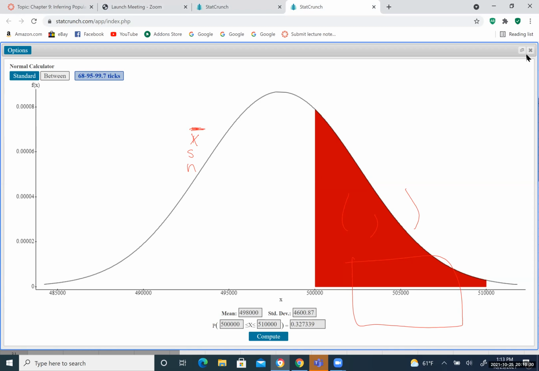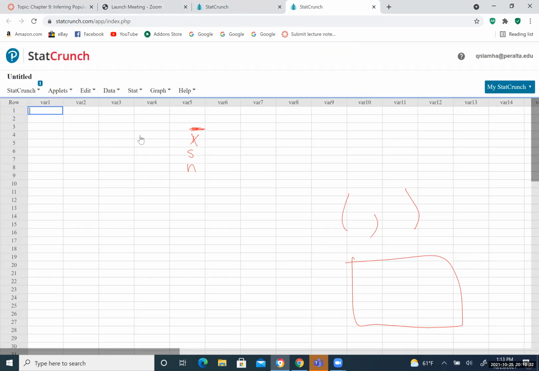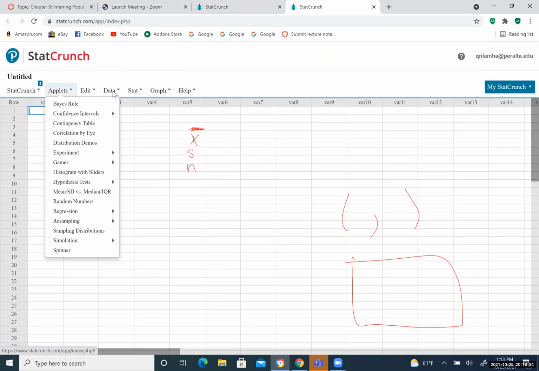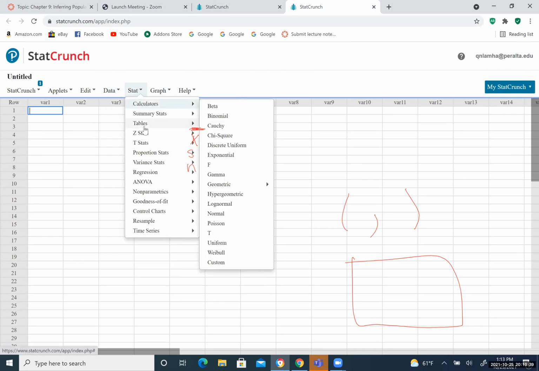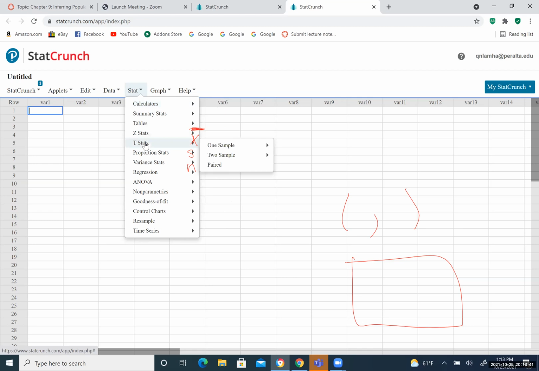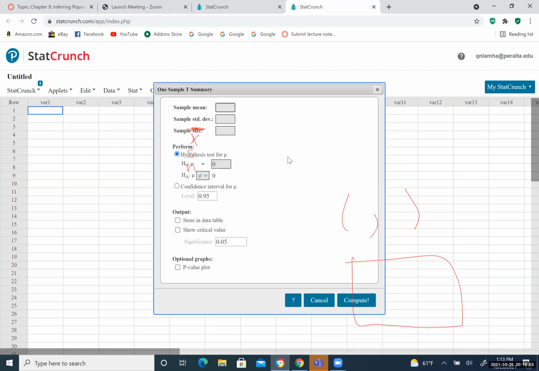So let me close this. We'll choose that. Go to Stat, to run that example. You go to T Stats, one sample with summary.